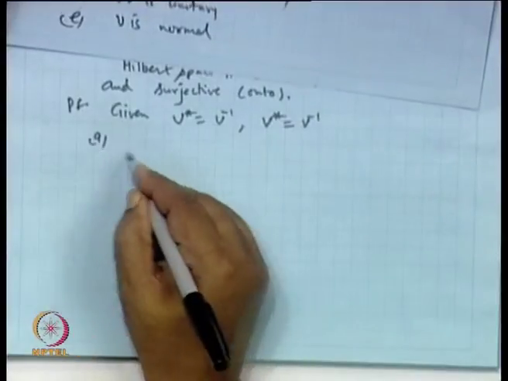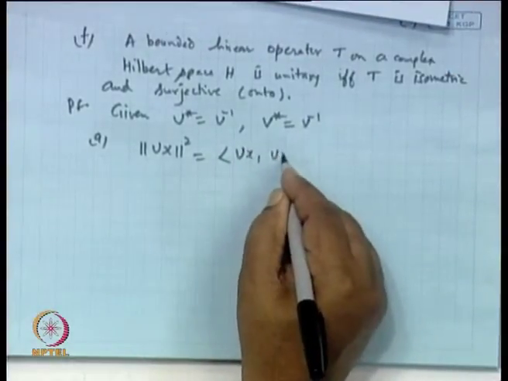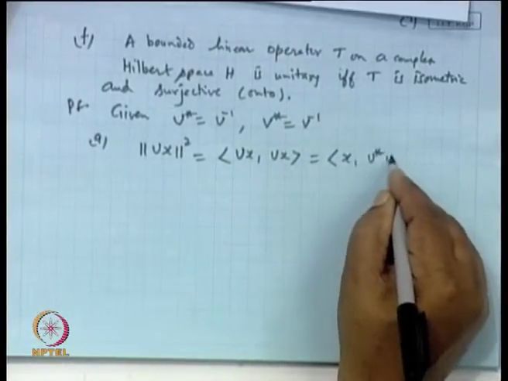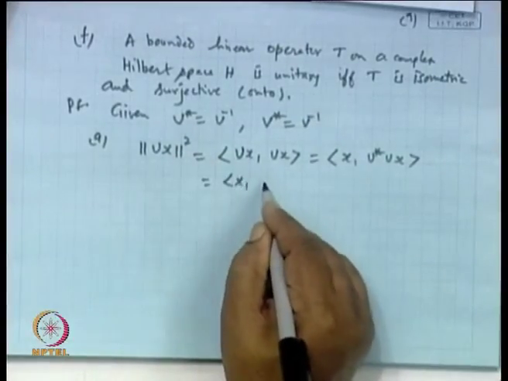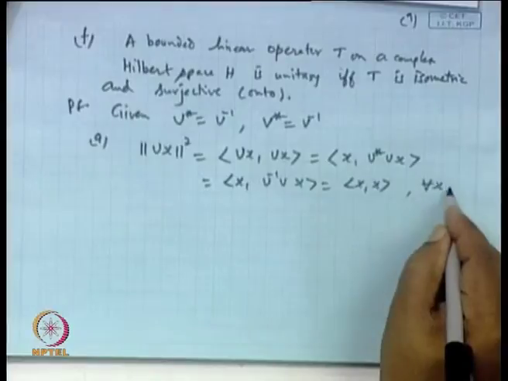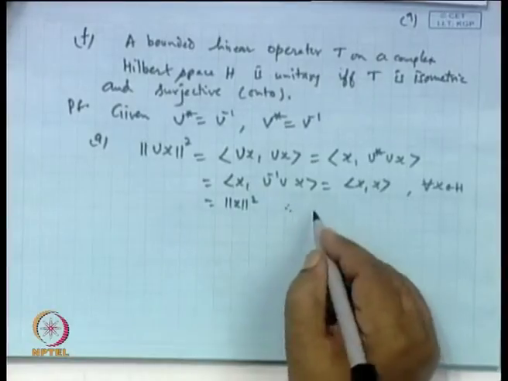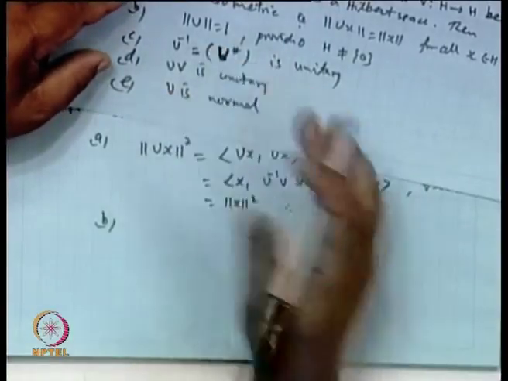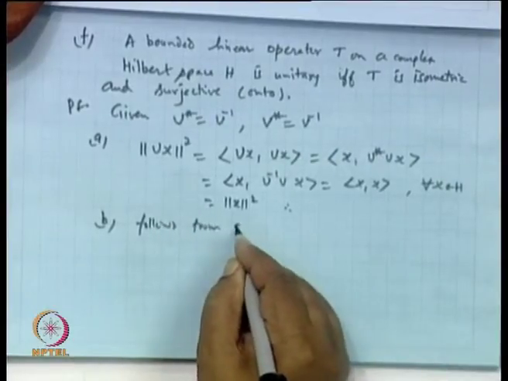So to prove part A, consider norm Ux squared. This can be written as the inner product of Ux with Ux, which is equal to the inner product of x with U star Ux, but U star is equal to U inverse. So this is the inner product of x with U inverse Ux, which is equal to the inner product of x with x, and this is true for all x. So this shows it is equal to norm x squared. Hence B, norm of U is 1, follows from A. Why?